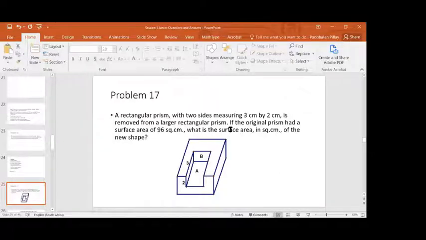A rectangular prism. Firstly, you have to understand the language for this. A rectangular prism, what is it? Let me get on to a clear page here on the whiteboard.